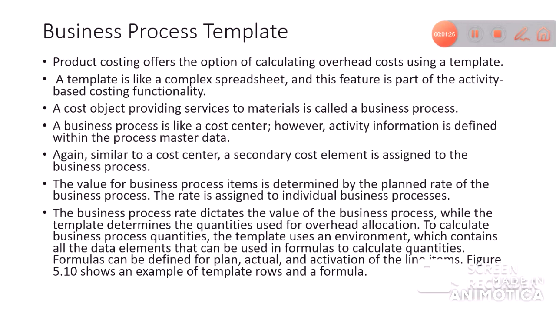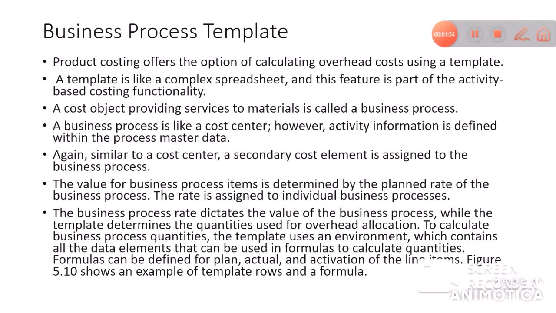To calculate business process quantities, the template uses an environment which contains all the data elements that can be used in formulas to calculate quantities. Formulas can be defined for plan, actual, and activation of line items. Figure 5.10 shows an example of template rows and a formula.